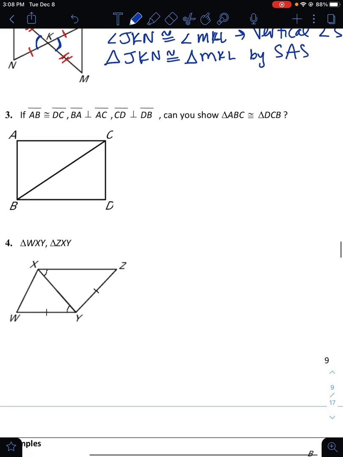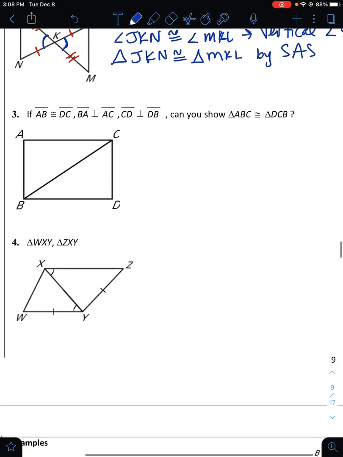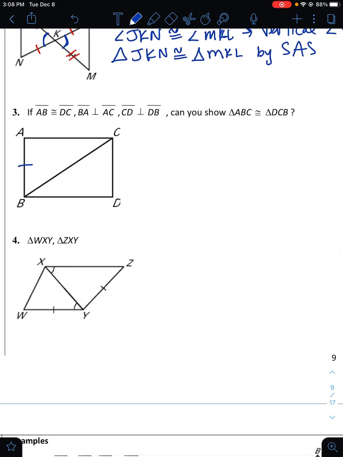Okay, let's look at number 3. I'm going to write and mark as I go. So AB is congruent to DC. So I have a side that's given to me. I have a right angle.